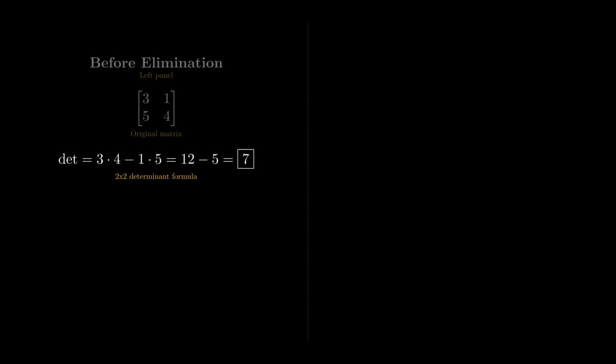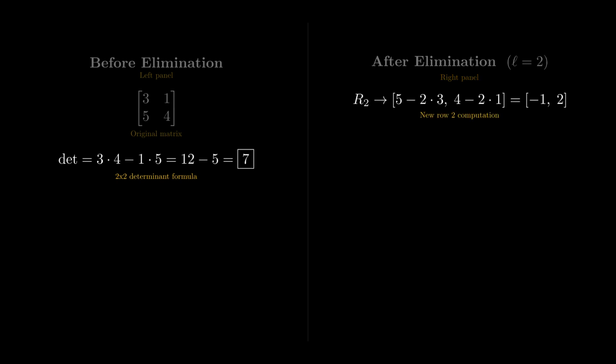Let's verify this with actual numbers. Consider the matrix with row 1, 3, 1, and row 2, 5, 4. The determinant is 3 times 4 minus 1 times 5, which is 12 minus 5, which equals 7. Now let's perform elimination. Subtract 2 times row 1 from row 2.